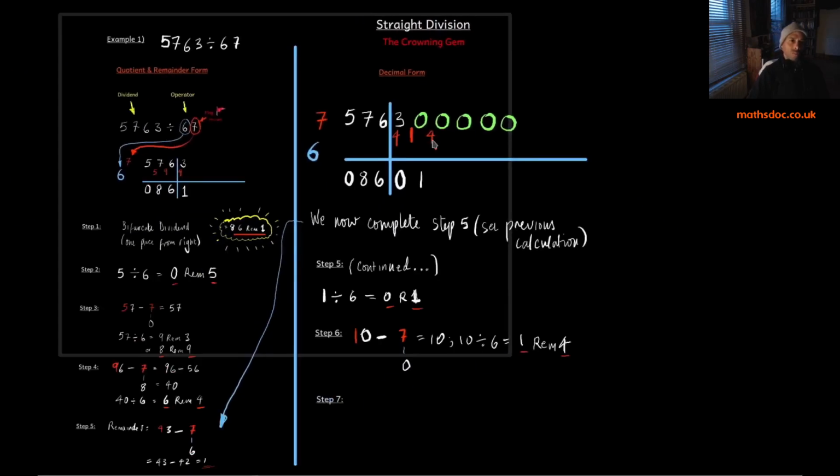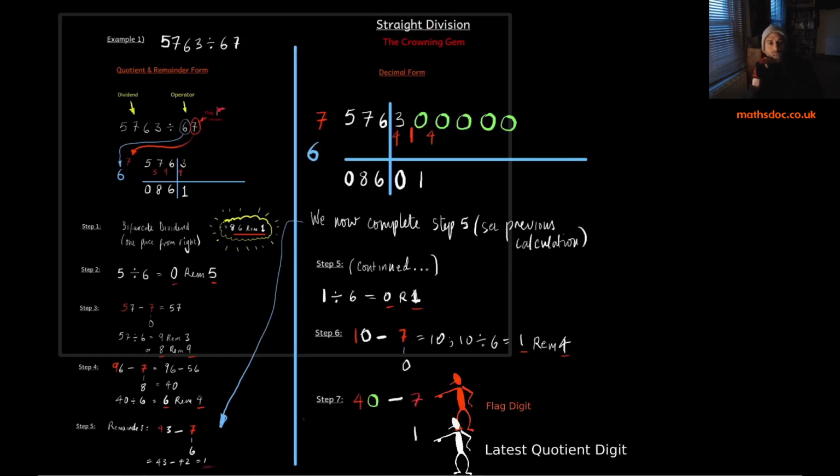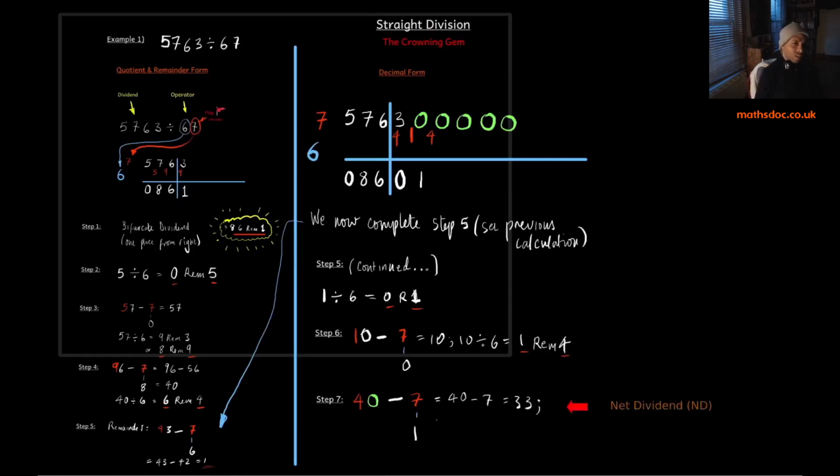So we're going to have a gross dividend of 40 now. We're going to take away the flag digit multiplied by the latest quotient digit, which is 1. So that's 40 minus 7, and that comes to 33. That's the net dividend.